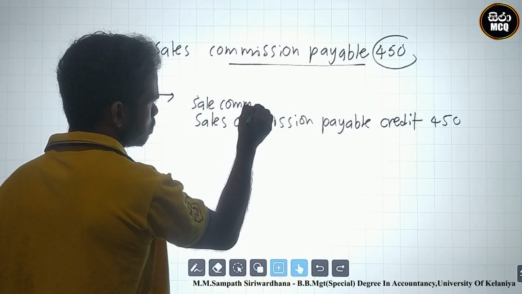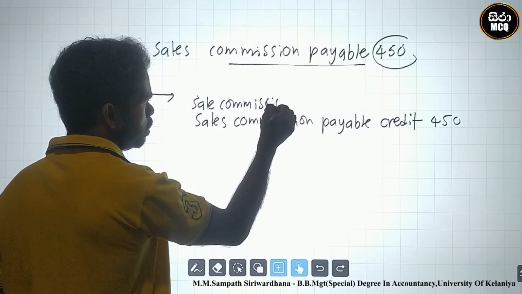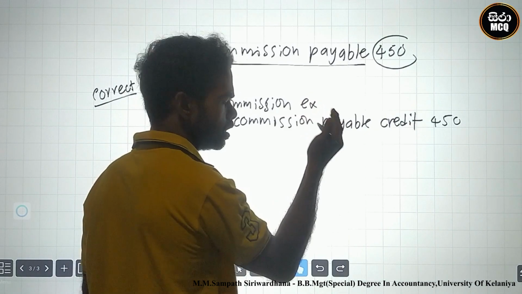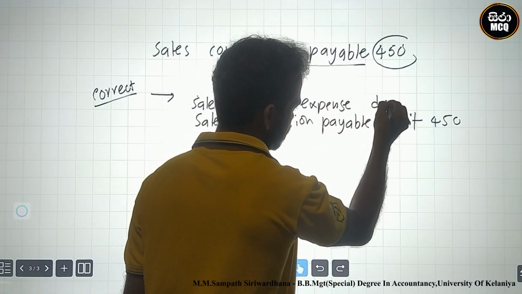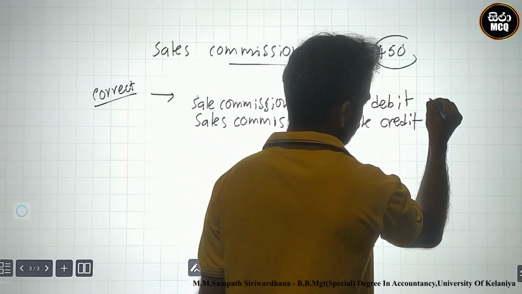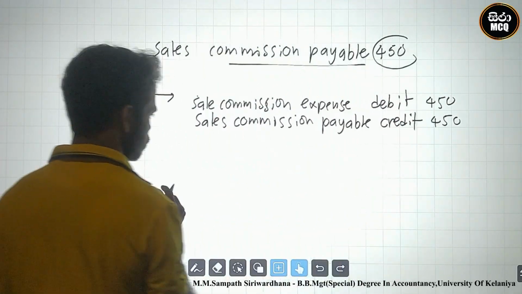Sales commission expense debit. The correct value 450. This is the correct one.